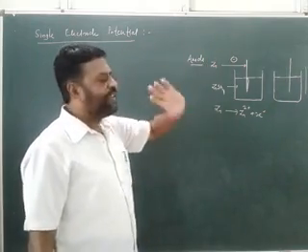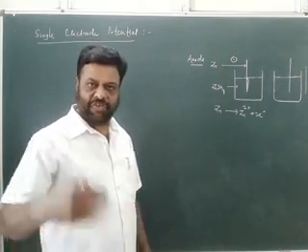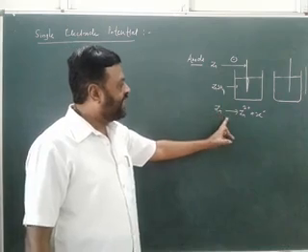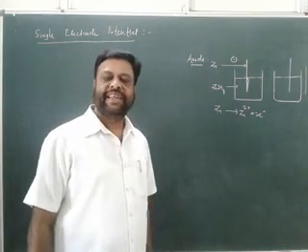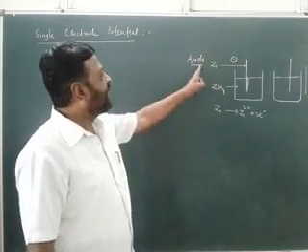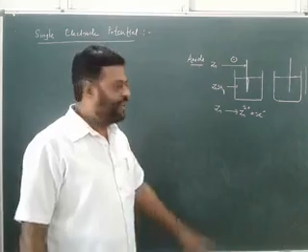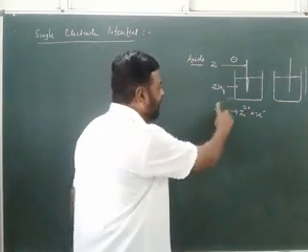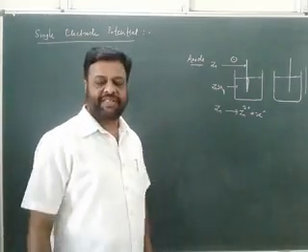In other words, anode or negative electrode means where oxidation reaction takes place. Anode or negative electrode means where ions are formed. Ions are formed means zinc metal gets converted into Zn2+.